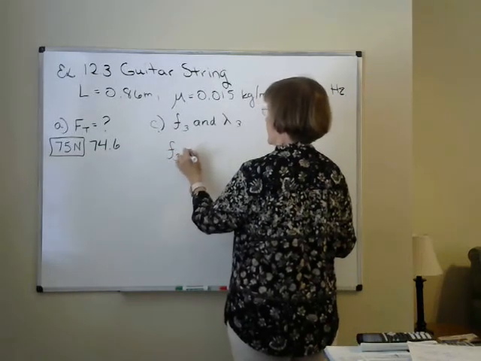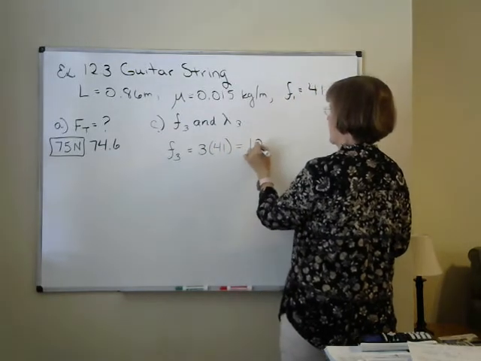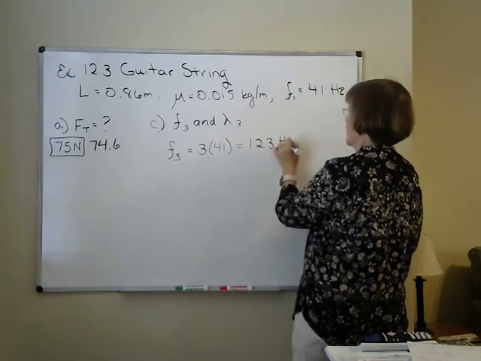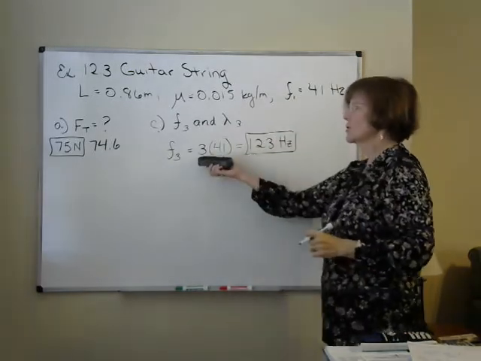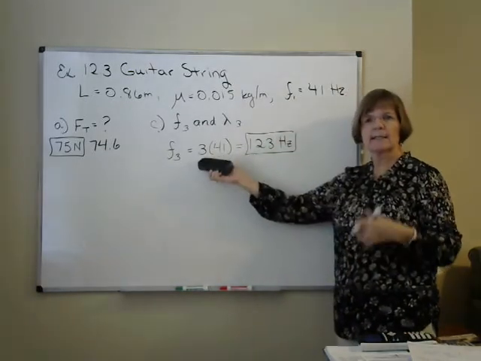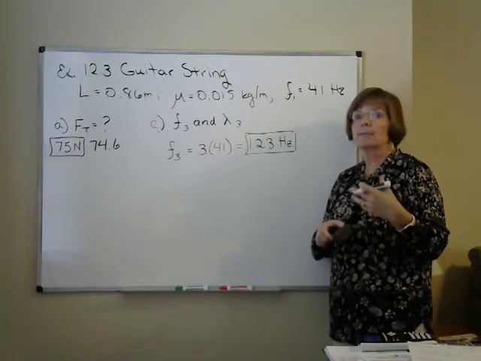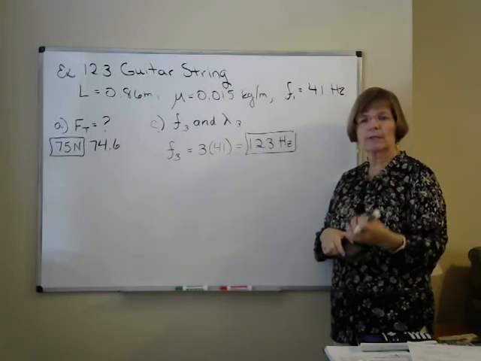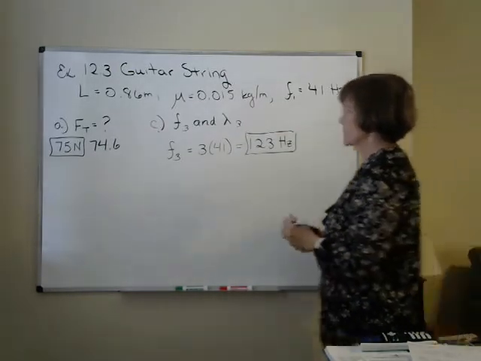F3 is simply 3 times 41, which is 123 hertz. We can actually keep all of those digits in our answer because this 3 is not a measurement. It doesn't limit our significant digits in any way. It's more like adding. It's like 41 plus 41 plus 41 because that 3 is exact. So we can keep all 3 digits there.